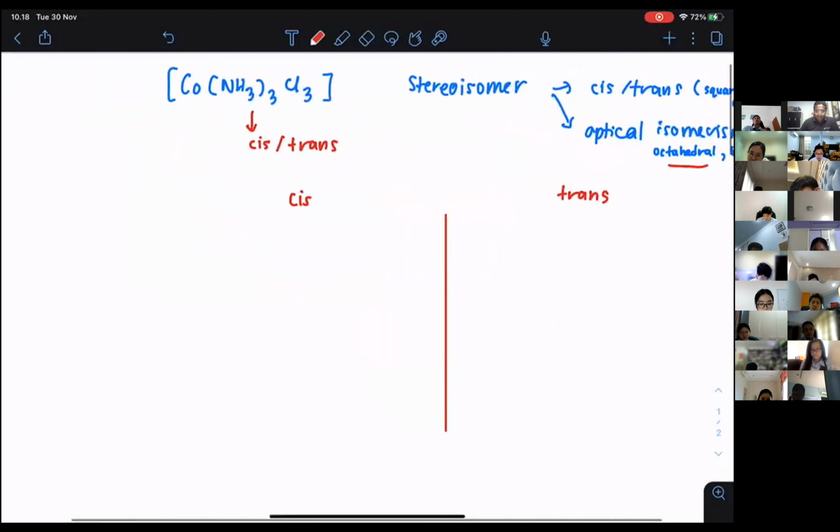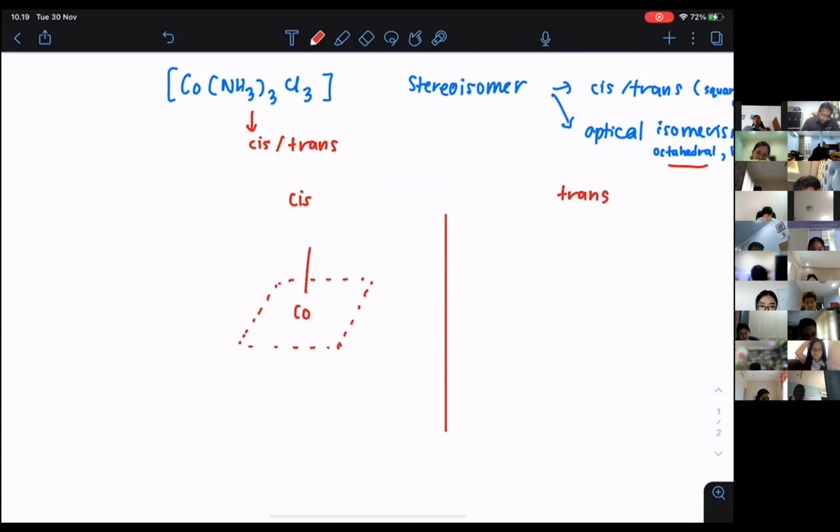If you're drawing something related to the octahedral shape, I will always ask you to draw the cobalt like this. Then after that you draw like this, make sure you follow this. Then we have this dotted line from behind, and this one to show it is coming in front.